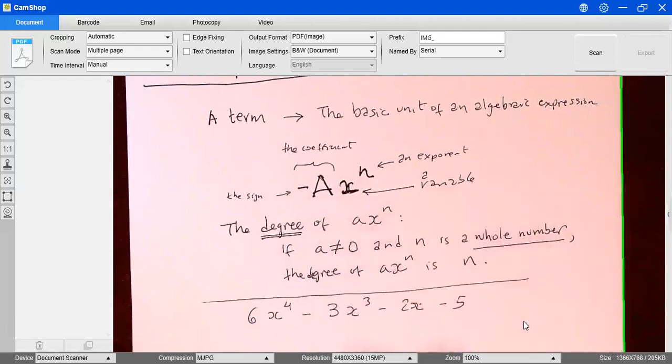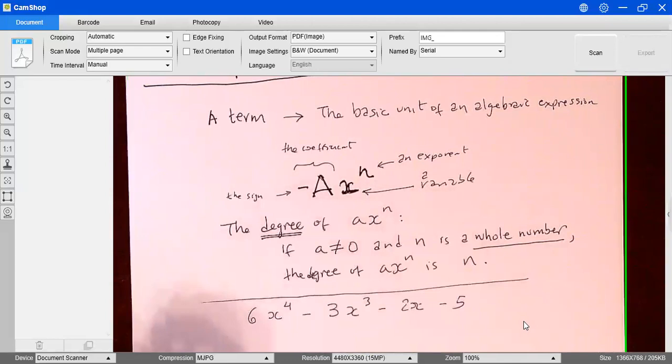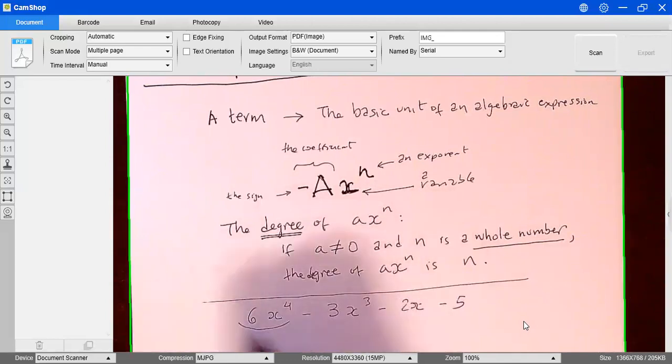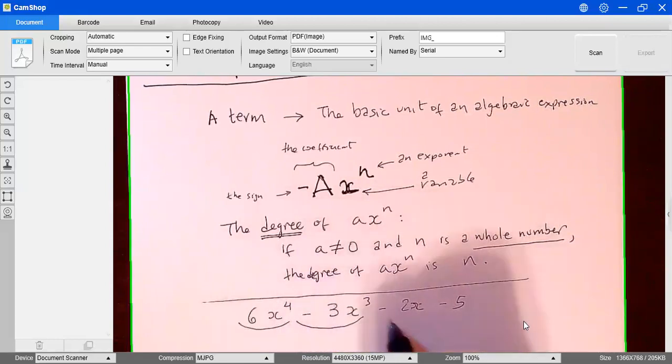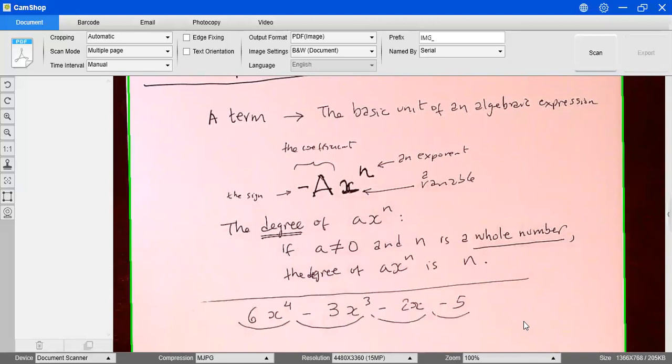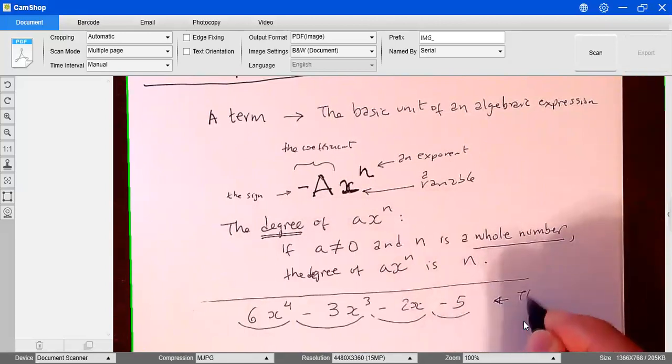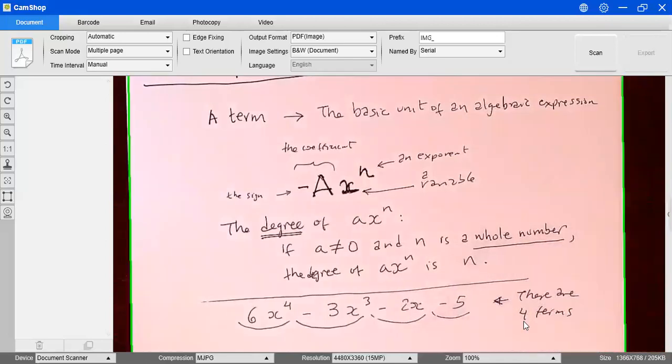So we learned from previous lessons that the pluses and the minuses are the boundaries for the different terms. So this is one term, this is the second term, this is the third term, and this is the last term of this algebraic expression. So you can see here that there are 4 terms in this algebraic expression.